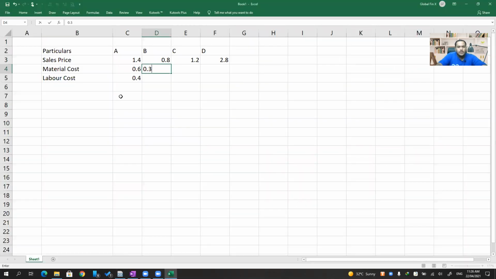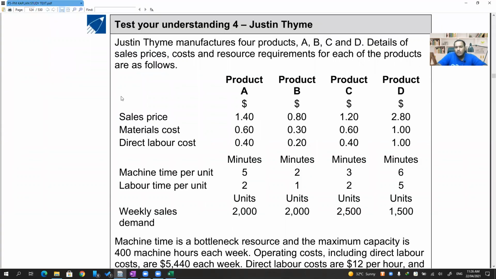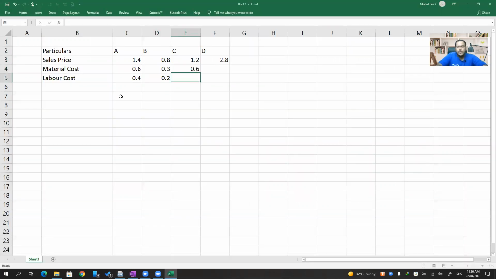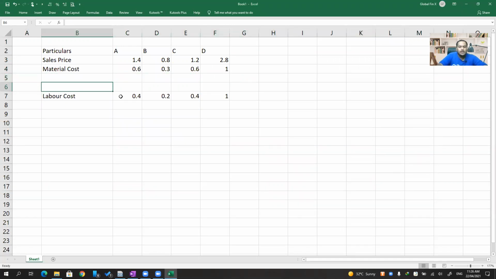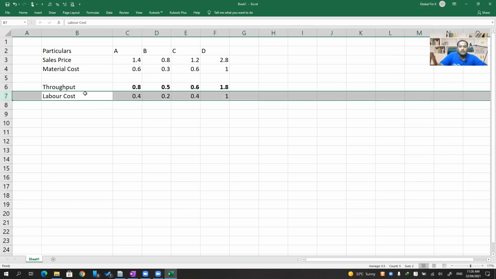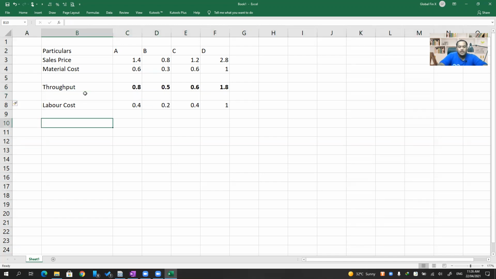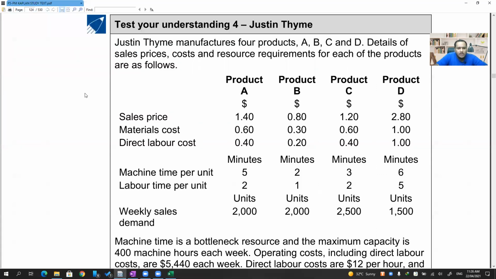Then 0.3, 0.2, 0.6, and 0.4. Then D is 1 and 1. Okay. So first of all, I'll give a space here and I'll calculate throughput. Throughput is sales price minus material cost. Okay. So we got the throughput there, and minus labor cost will give me what? Contribution.